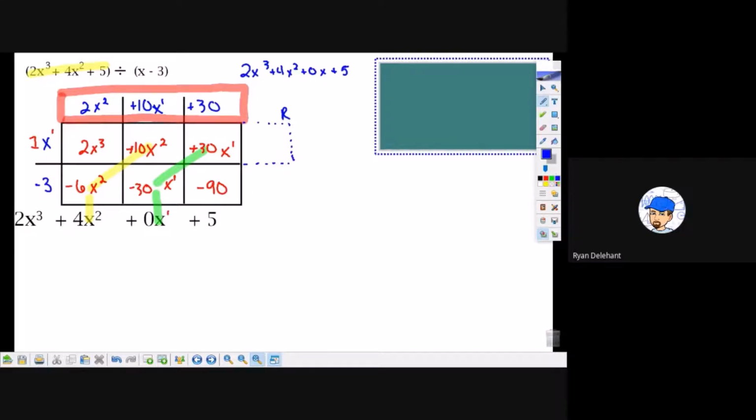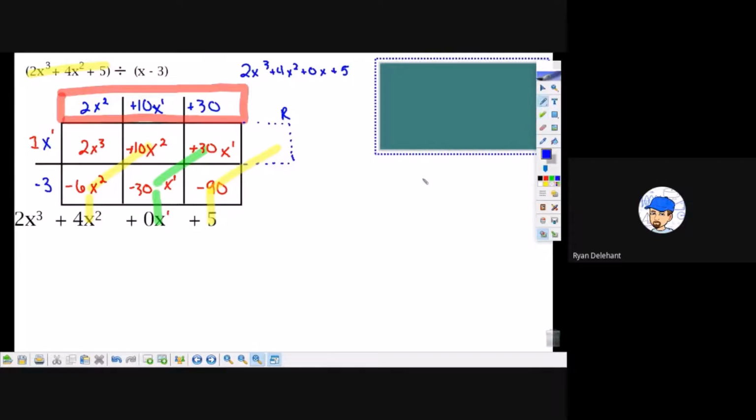It has a remainder. So if we were asked the question, is x minus 3 a factor of 2x to the third plus 4x squared plus 5, right now we could say no, because this number didn't match. It's going to have a remainder. That means it's not a factor. But now we need to figure out what number this needs to be to make this addition work. -90 plus something needs to give us +5.